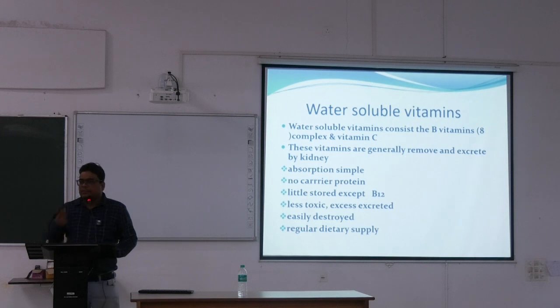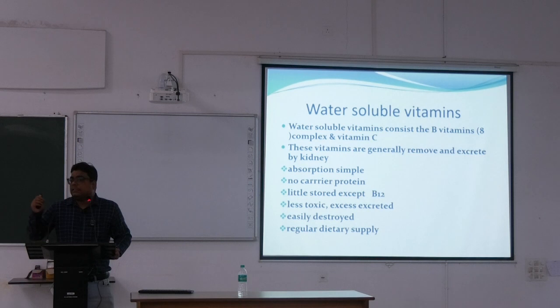Regular dietary supply means the source of these vitamins is generally green leafy vegetables. But in the case of vitamin B12, if a person is totally vegetarian, then there is a deficiency of vitamin B12. Why? Because the source of vitamin B12 is meat. Goat liver is a major source of vitamin B12.